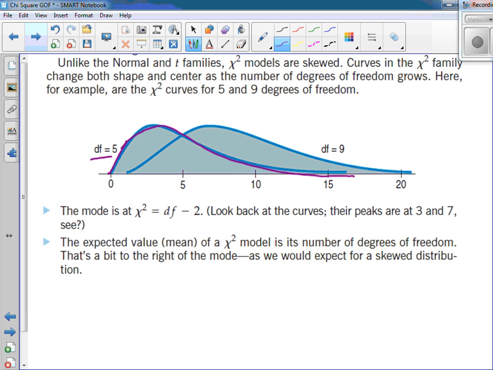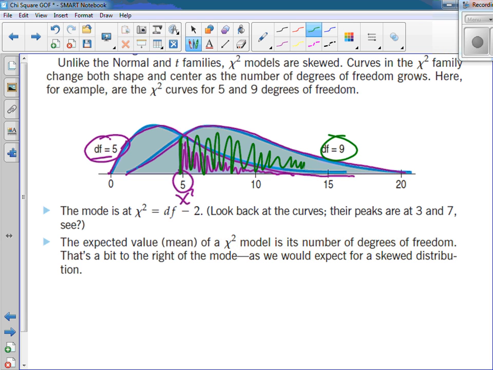Just so you can see how they're skewed, if I have 5 degrees of freedom and I'm looking at a chi-square value of 5, that's just this tail. That's going to be a little big, but if you look at the same tail for 9 degrees of freedom, that's this huge tail, and that's going to be a large p-value, right?